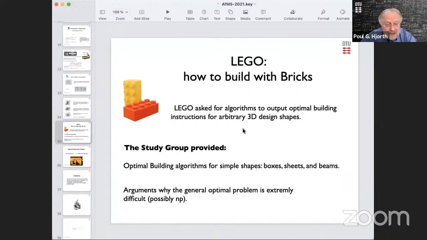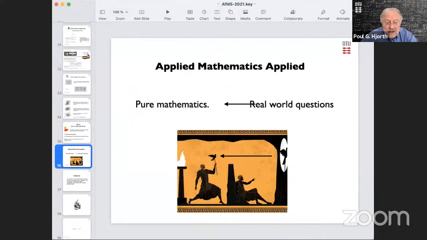So this was my third, and I think I should stop here, final example of study group problems. So just returning to my initial slides, I wanted to emphasize that sometimes real world questions can feed back on the so-called pure mathematics and invigorate pure mathematical research.